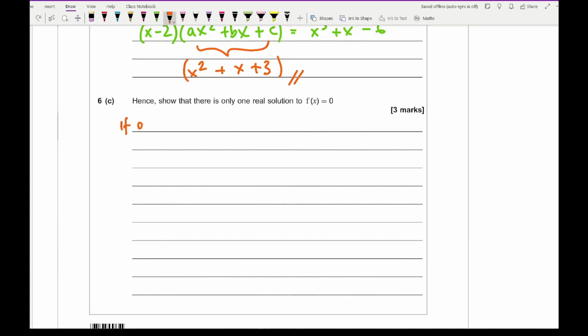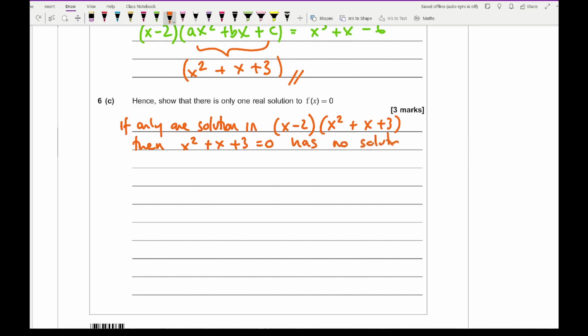It then says for 6c, hence show that there is only one real solution to f of x equals 0. So if there is only one solution in x minus 2 times x squared plus x plus 3, then x squared plus x plus 3 equals 0 has no solutions. So what we need to do is use discriminants to show that. So we've got b squared minus 4ac.